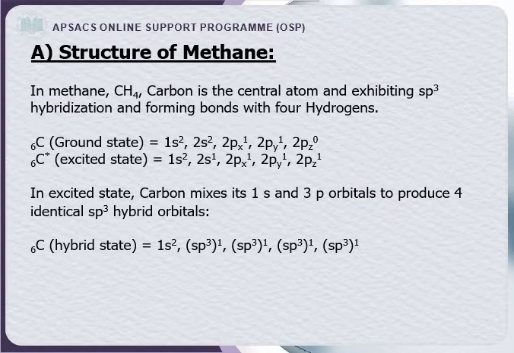Here the carbon in the ground state has six electrons. You can see here 1s2, 2s2, 2px1, 2py1 is the configuration, 2pz is empty, while it undergoes the excited state, as carbon everywhere you will find with a valency of 4. So what happens?